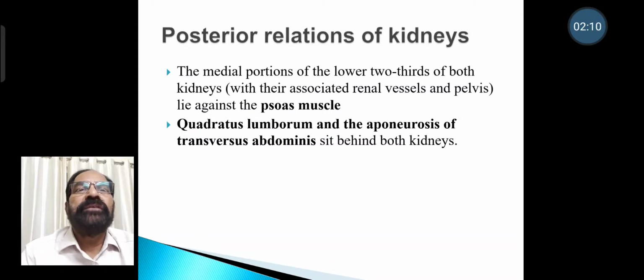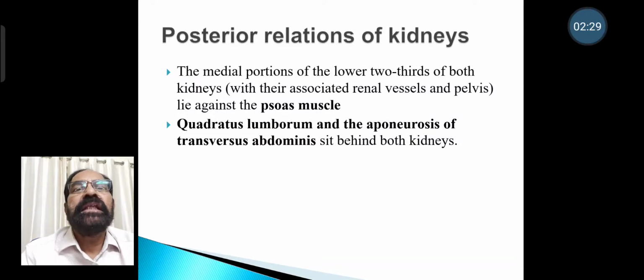The medial portion of the lower two-thirds of both kidneys with their associated renal vessels and pelvis lie against the psoas muscle. Quadratus lumborum and the aponeurosis of transversus abdominis sit behind both the kidneys.